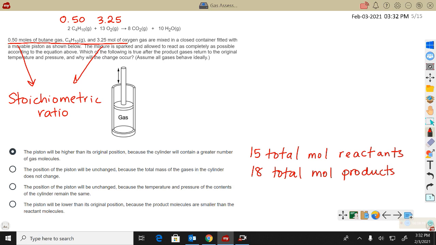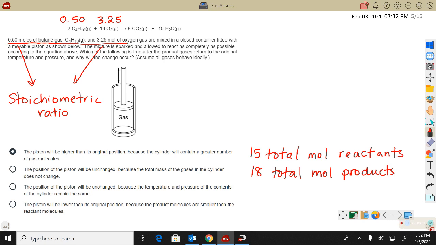So then I looked at the ratios in the balanced equation, and it's going to be the same general ratio, whether I use the 2 to 13 or carry that out with my 0.5 and my 3.25. Proportionally there's more total moles on the product side, which should mean more collisions.